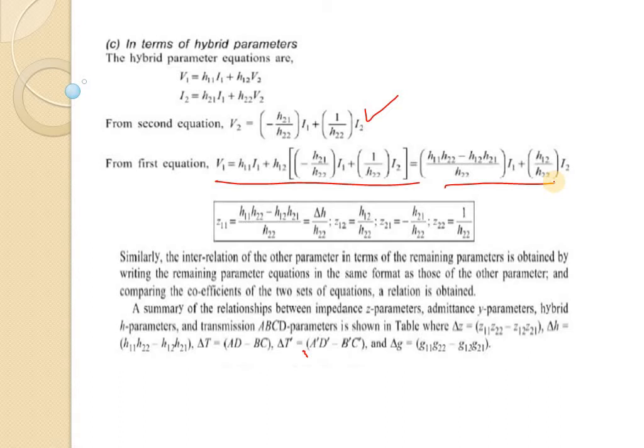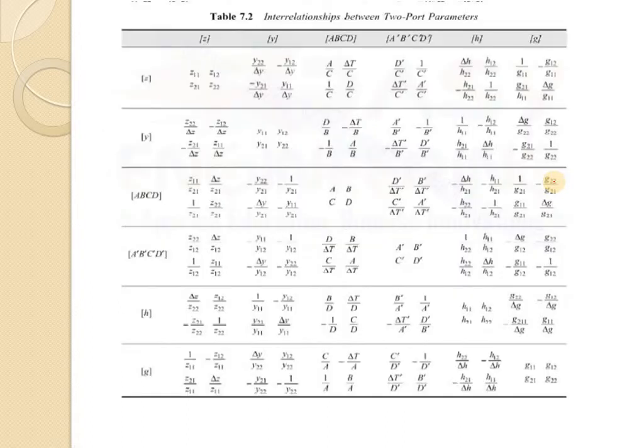A summary of the relationships between impedance Z parameters, admittance Y parameters, hybrid H parameters and ABCD transmission parameters is shown in the next table, and that we will see. This is the interrelationship between all two-port networks.